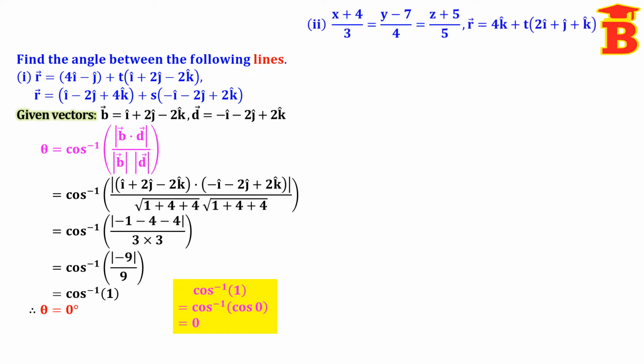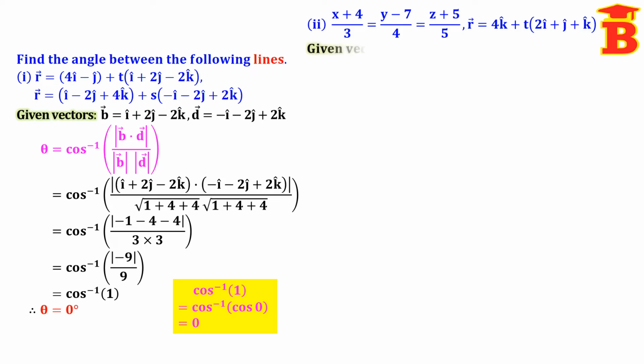Similarly, next problem, two straight lines are given. This first one is given in Cartesian form and the second one is given in vector form. In this Cartesian form, we know that the denominator is the vector, and in this vector form this constant t into bracket, this is the vector.